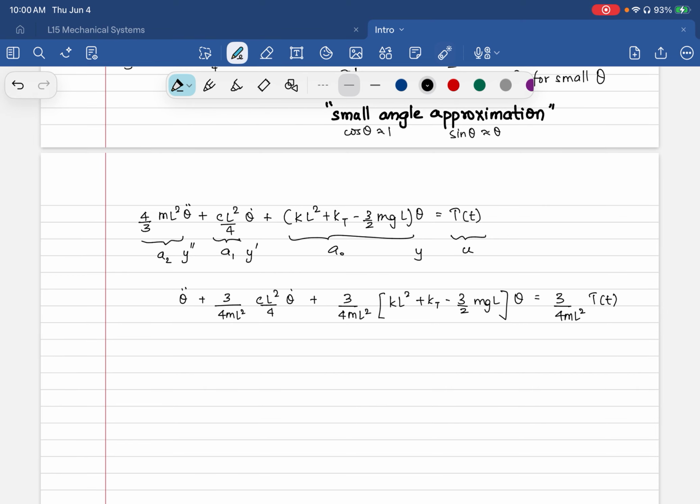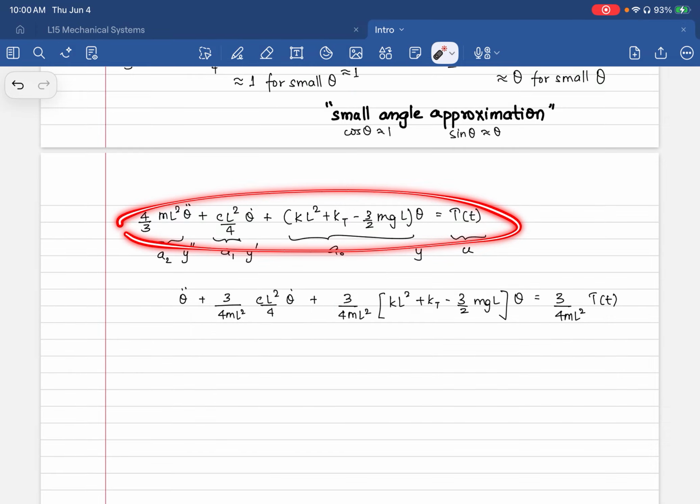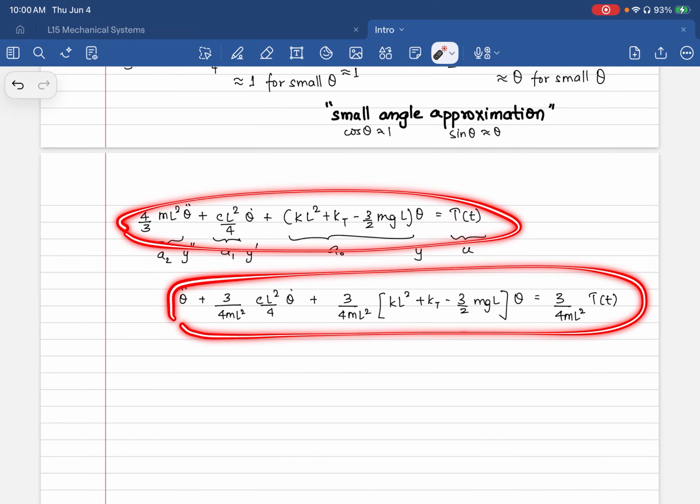So this is the standard linear ODE form, and this is the input output form.